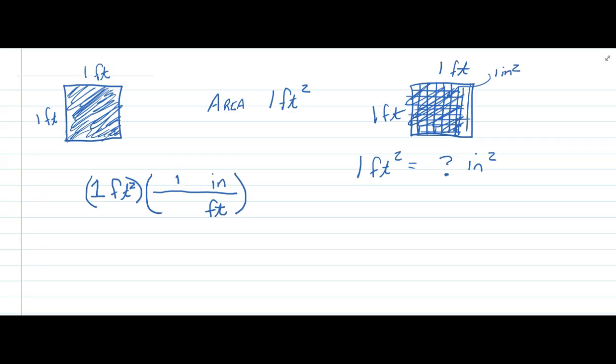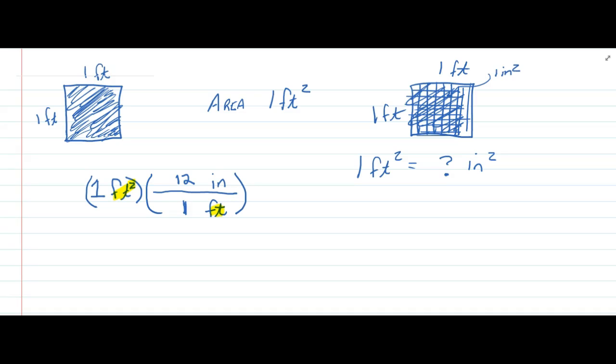So continue working as though it was just a straight, normal inch and foot problem. 12 inches is 1 foot. But notice the foot isn't going to cancel with the feet squared. Feet squared is a different unit than plain old feet.